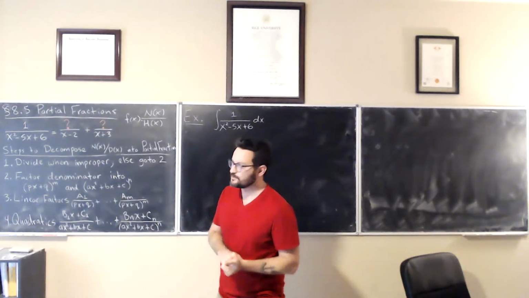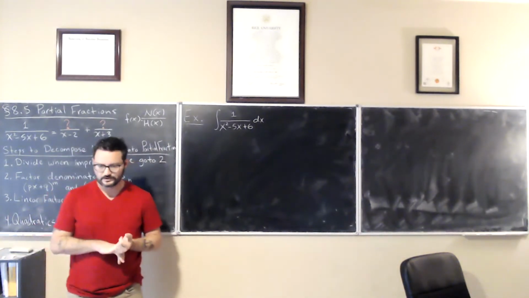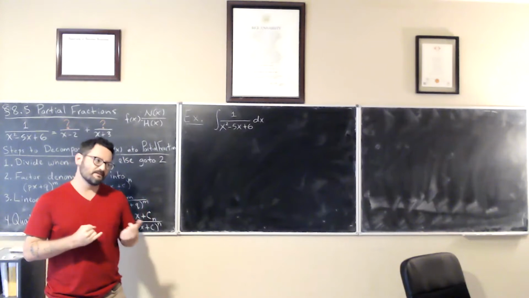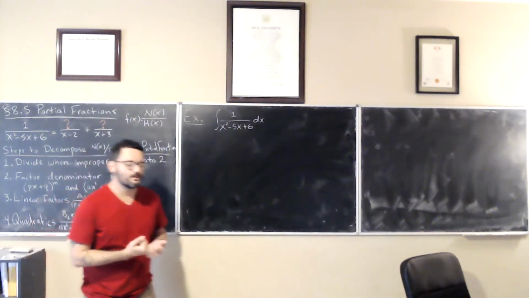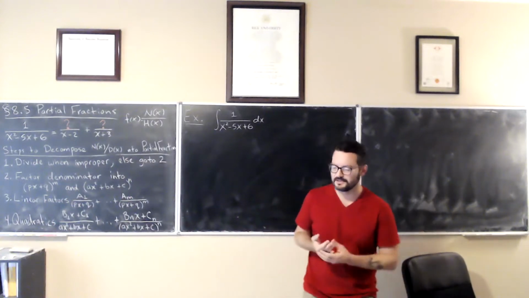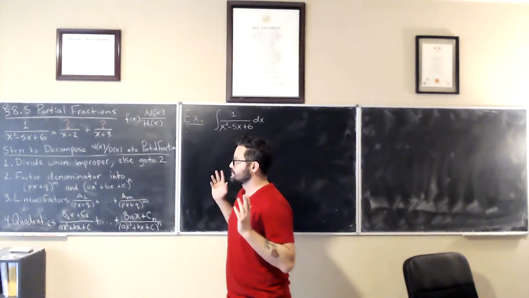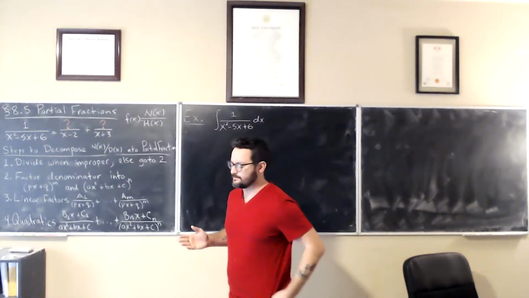Sometimes you can do trig substitution for rational functions, but then it might be a lot of work, or it might not actually work and you can get stuck. So the method of partial fractions takes care of this.